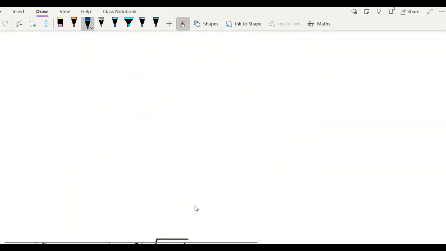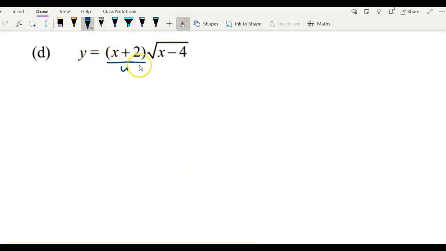All right, we proceed to the last example. So for this example D, we have u as x plus 2 and v as the square root of x minus 4. So write down u as your x plus 2, get your u prime. u prime will be 1. And v as your square root of x minus 4, or you may write this in the form of (x minus 4) to the power of 1 over 2.